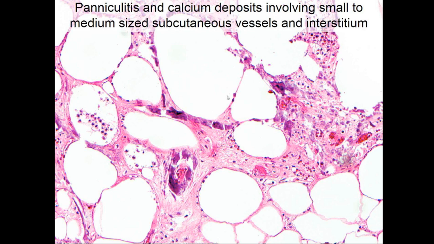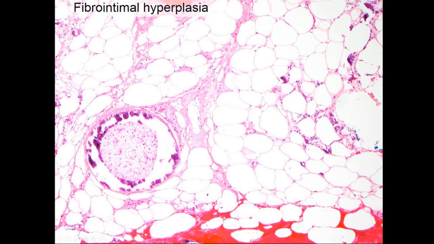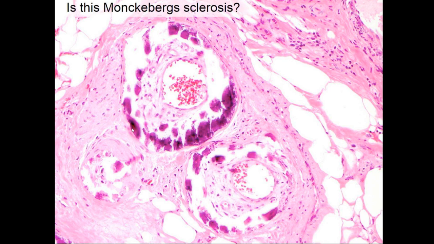In the deeper panniculus, there were calcium deposits, coarse ones circumferentially involving vessels, but also extravascular calcium deposition within the interstitium. In other areas, there appeared to be a medial calcium deposition with fibrointimal hyperplasia of the vessel wall. Is this Mönckeberg sclerosis, a common incidental finding?